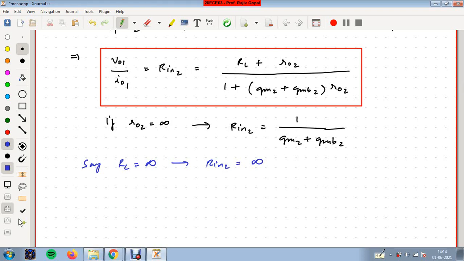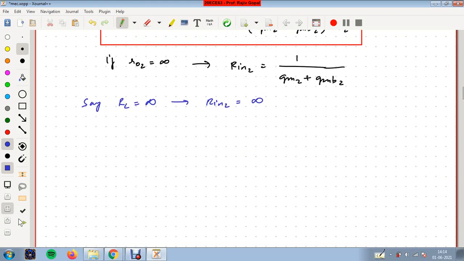So I have to consider a case where RL is infinite and find what the gain of this amplifier would be. What happens to the circuit diagram? That is what we'll find out.